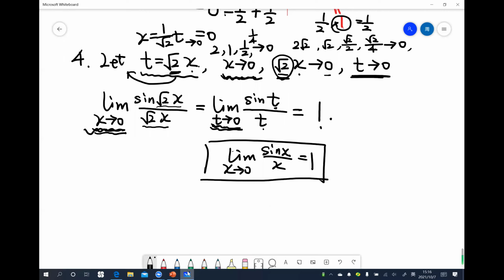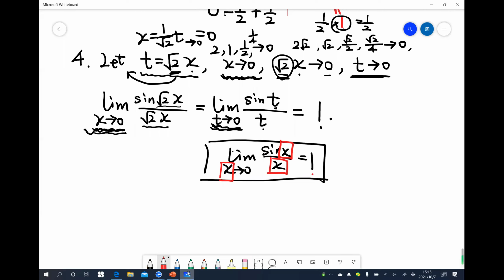So here you will know a more general form of the formula: as long as they have the same thing here, then the limit is 1.